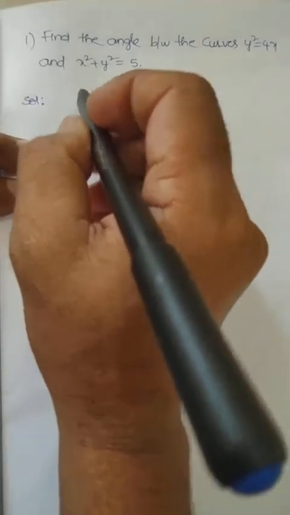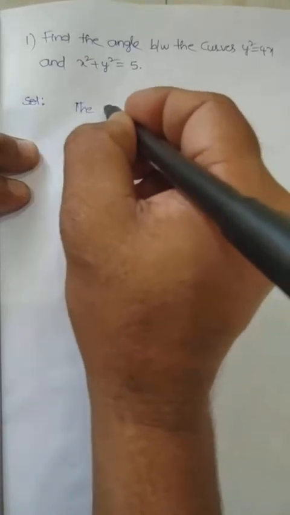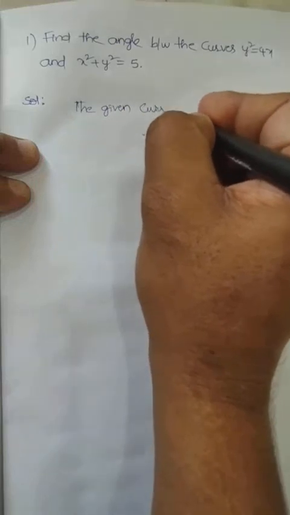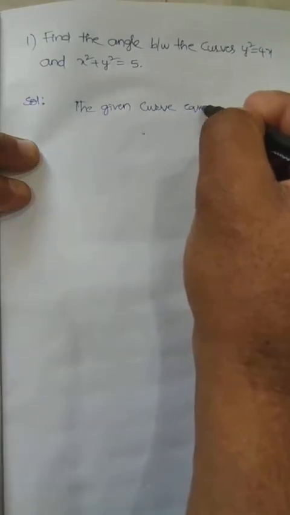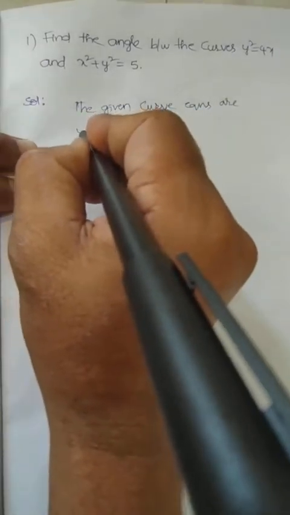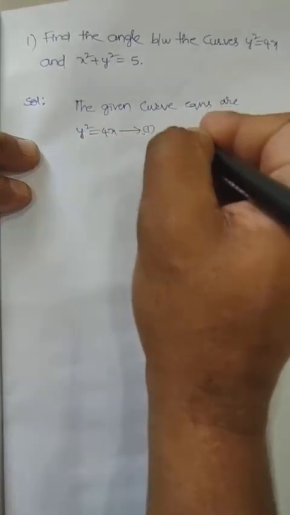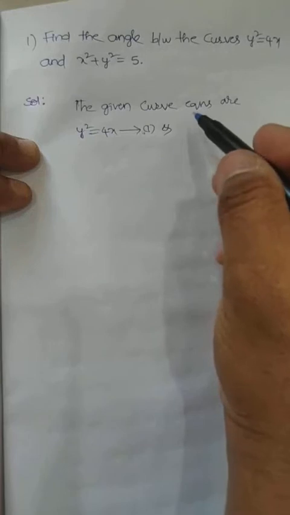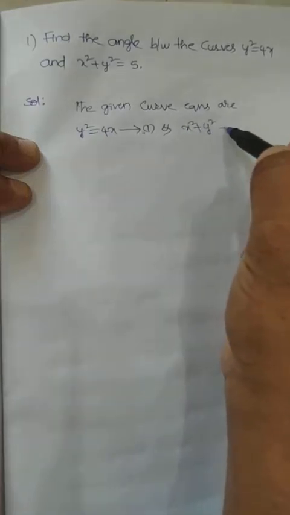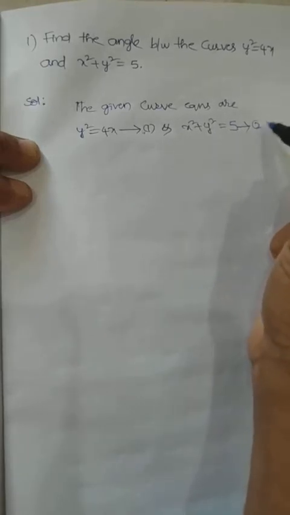The solution: the given curve equations are y square is equal to 4x, this is equation number 1, and the next one is x square plus y square is equal to 5. This is equation number 2.